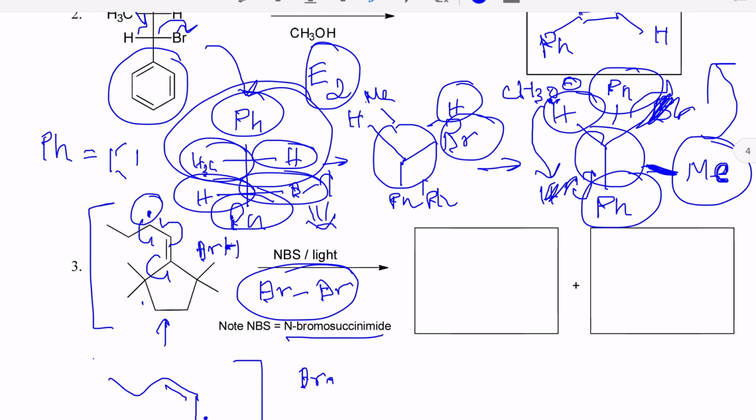So if the bromine atom forms a bond at either one of these locations, or here, we get two final products.